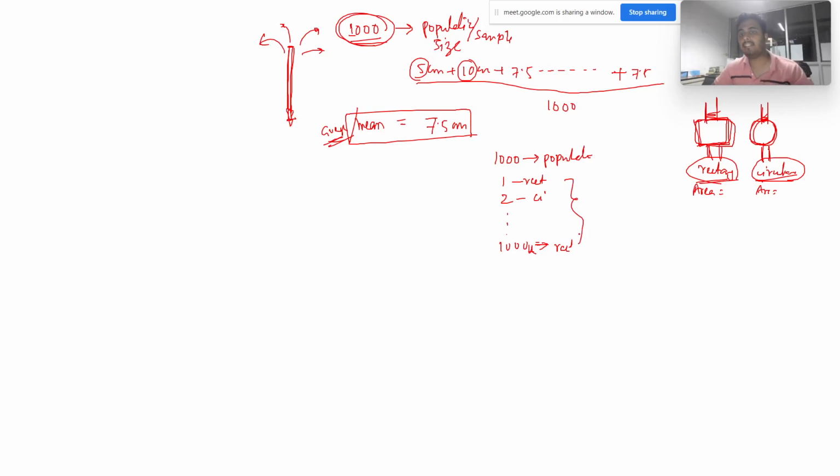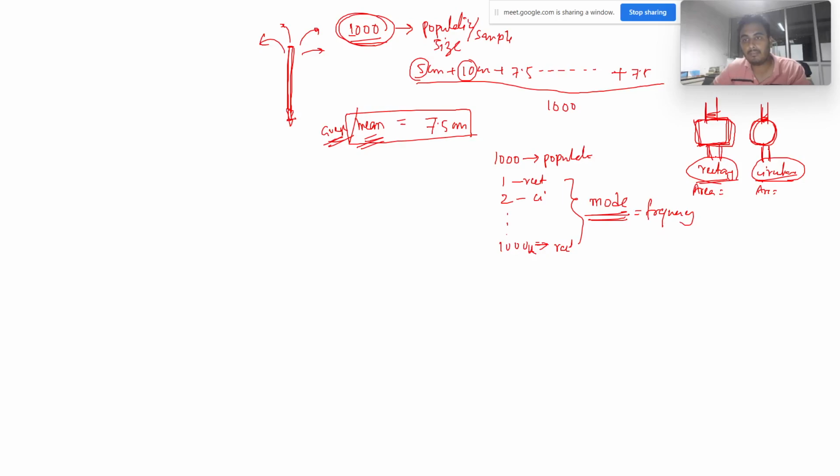Now how do we analyze the data? What is the central tendency here? We do not consider the mean here. What we consider is something called the mode. Mean is for quantitative data; mode is important for qualitative data. Mode means the frequency.